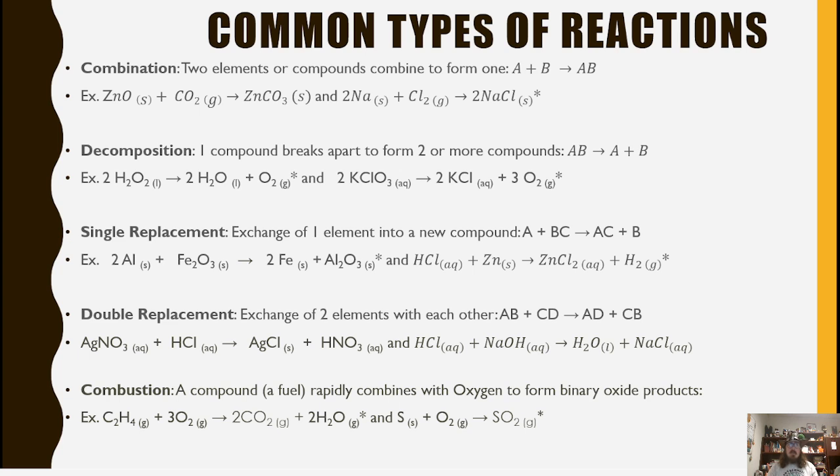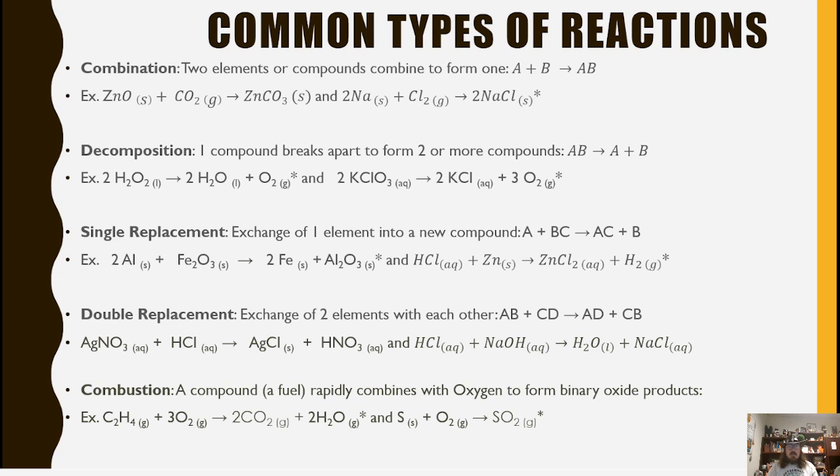And in potassium chlorate, oxygen is losing electrons, chlorine is gaining electrons. Aluminum is losing electrons, iron is gaining electrons. Hydrogen is gaining electrons, zinc is losing electrons.